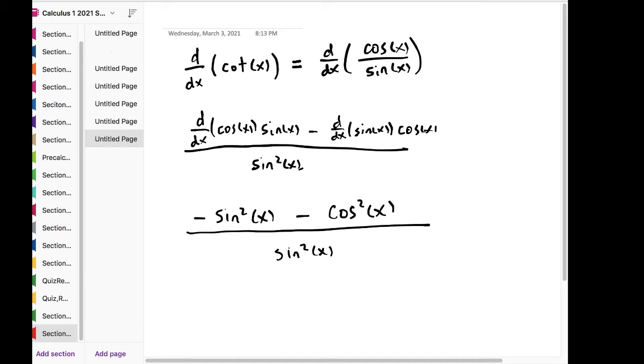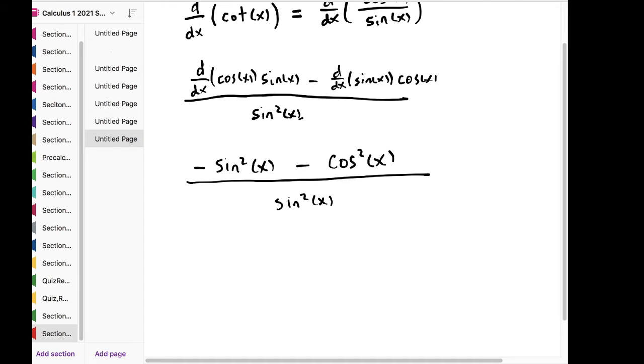Yep. And then what does the numerator become? Can you simplify the numerator?